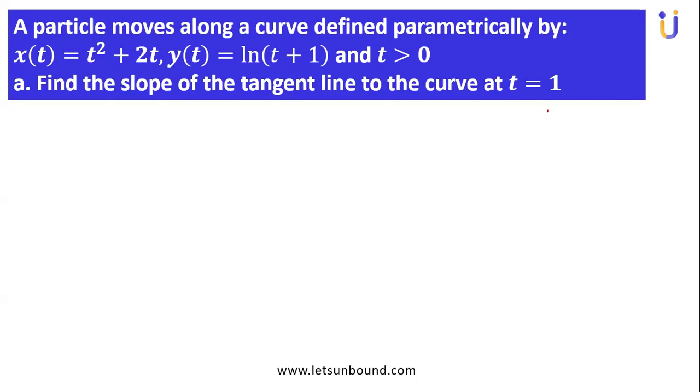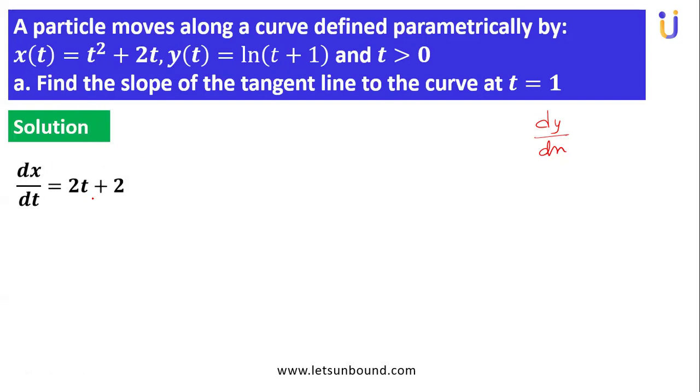First, the slope. Slope means what actually? dy by dx. But here, we have parametric form. So the rule is, first you differentiate x with respect to t. You get 2t plus 2, basic power rule. And dy with respect to t, 1 by t plus 1.